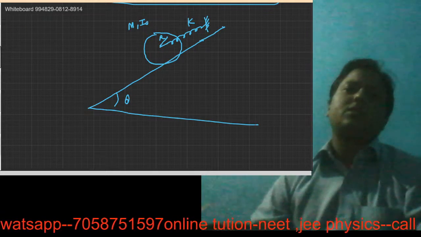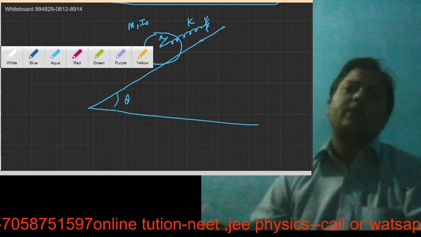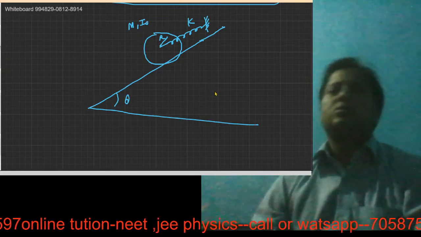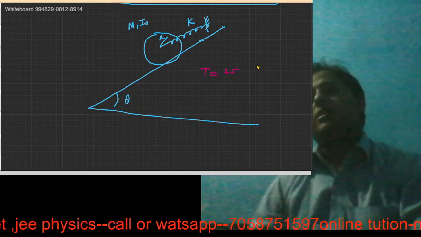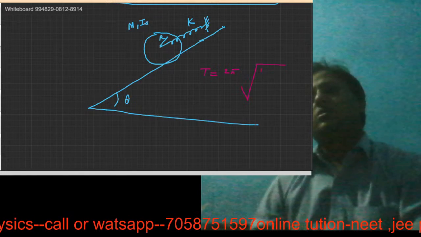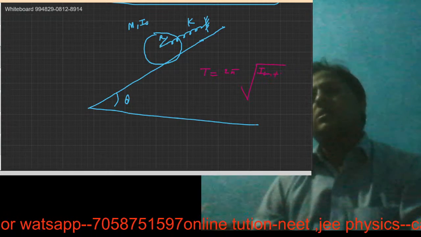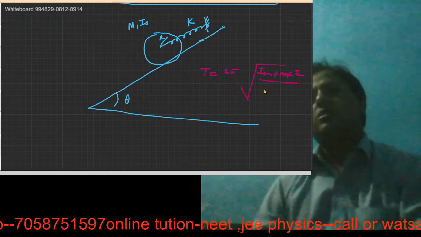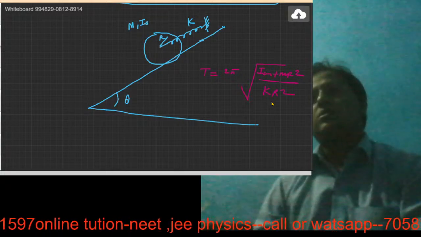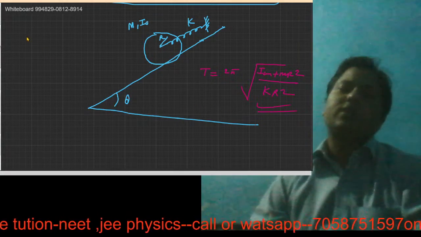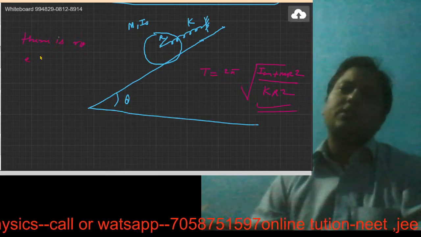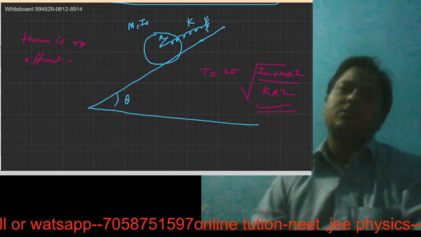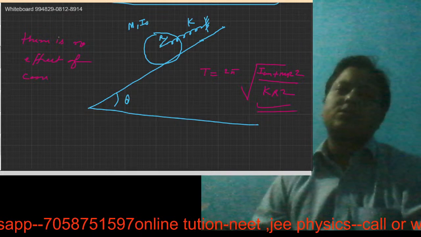The same process we can apply, and the time period will be the same, 2 pi under root I center of mass plus m r square over K into R square. There is no effect of constant forces.